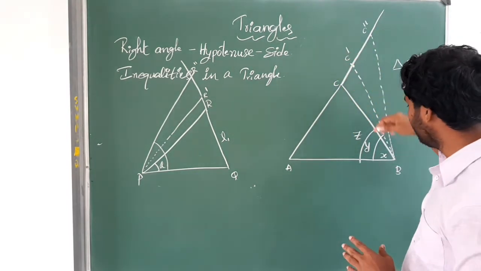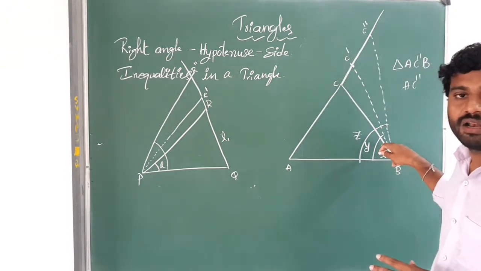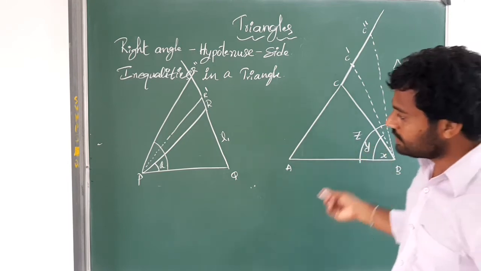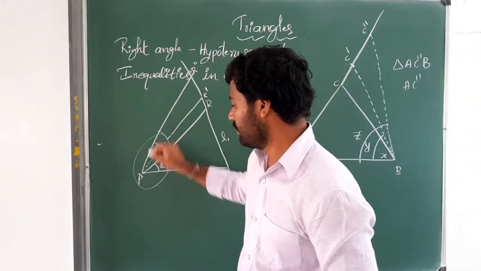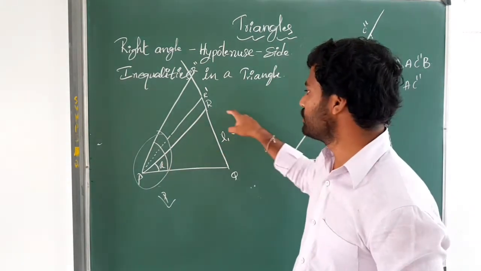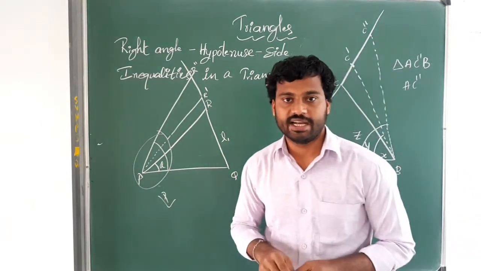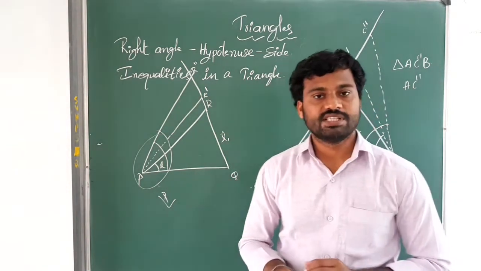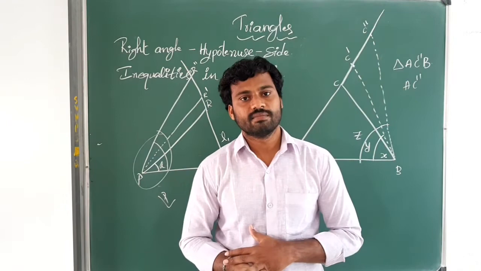Then automatically their opposite angle will be the largest angle in the triangle. Or else, if angle P is the largest angle in this triangle, their opposite side will be the largest side in the triangle. This is the concept in inequality.